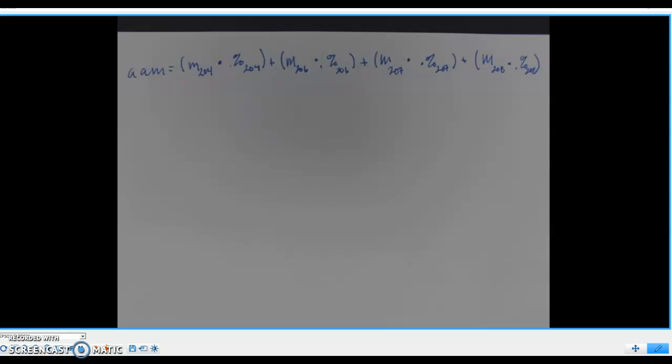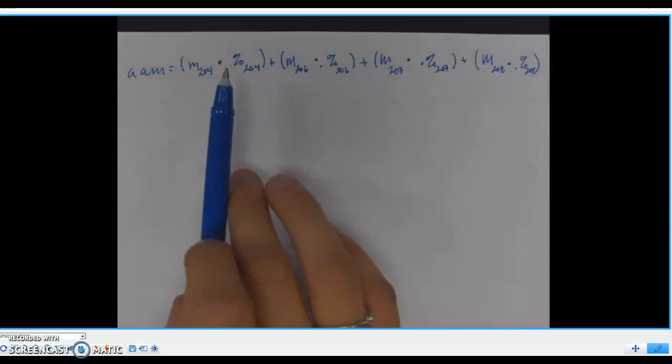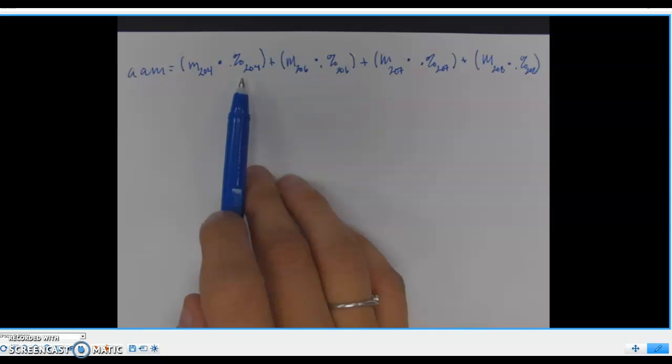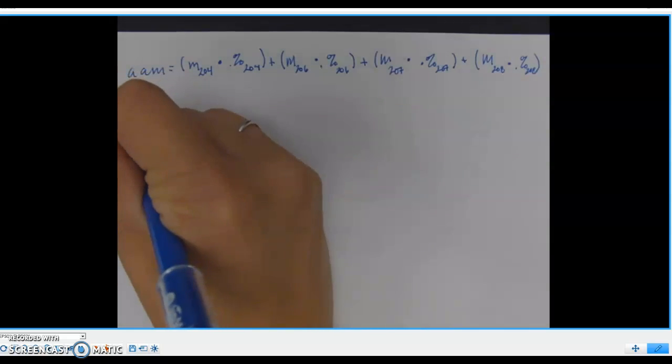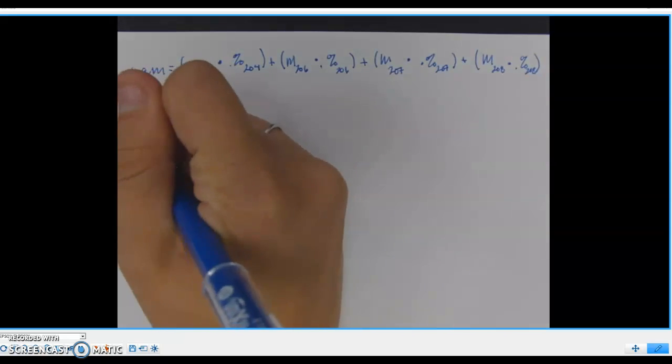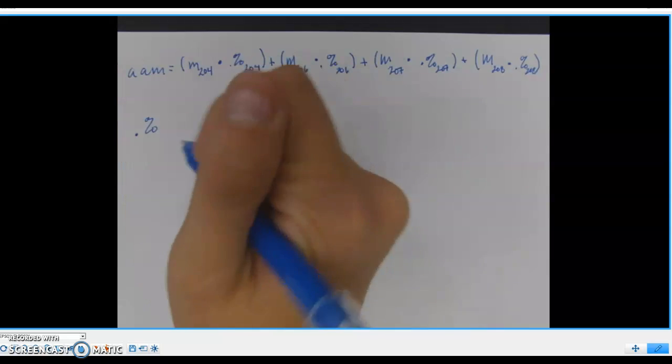So it says lead has 4 isotopes. 1.40% of all lead atoms are lead-204. So this percentage of 204 is 1.40%, but that's in its percentage form.